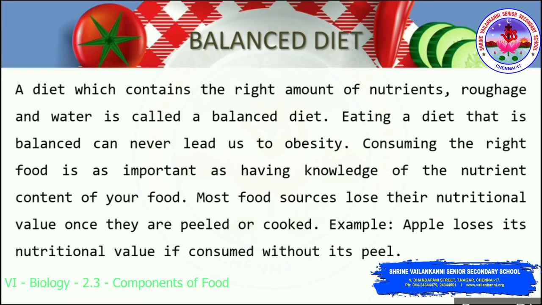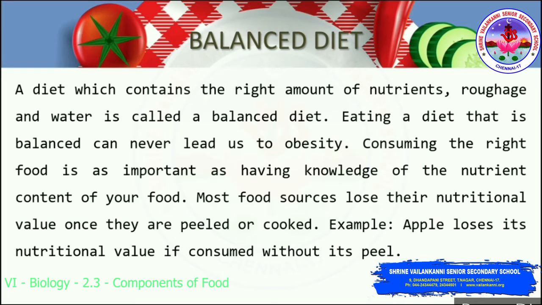So this is how you have to analyze yourself, what food you are taking, and balance the food and have it in your diet. A balanced diet must contain food from each of the following food groups. Protein group, for example meat, eggs, fish, beans, nuts and peas, which are rich in proteins and fats.